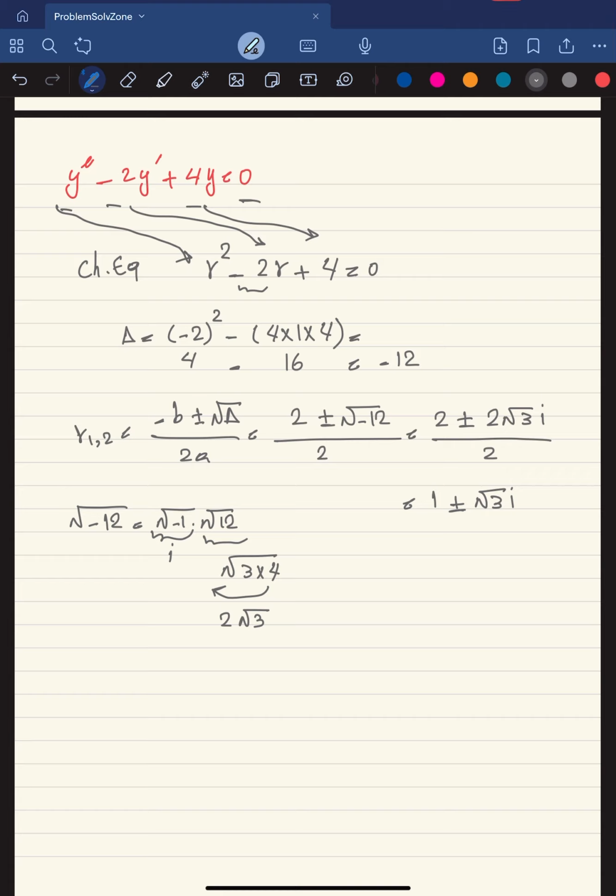So in general, when we try to solve it, we have a form like this: a plus or minus bi.